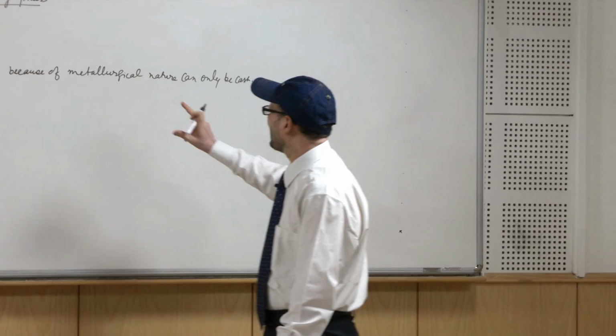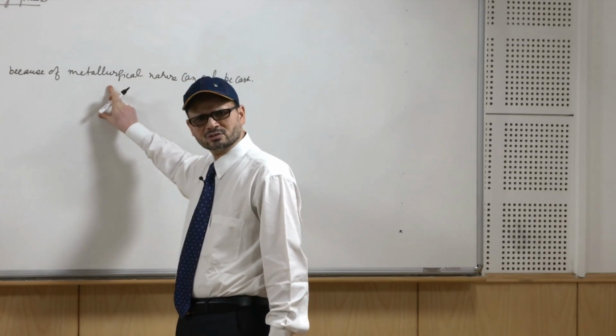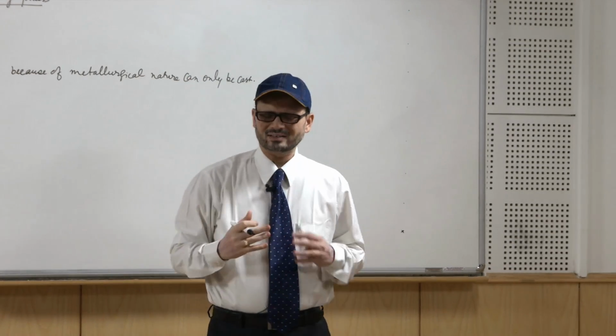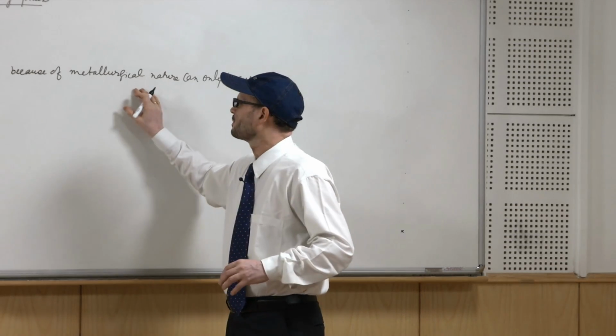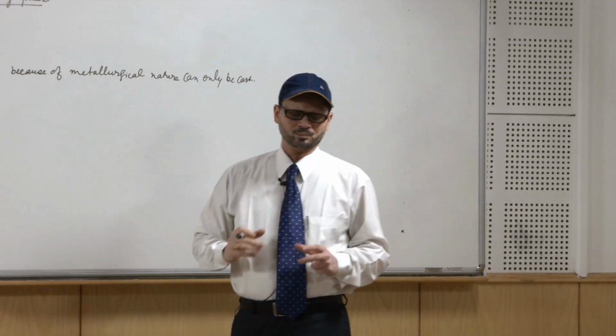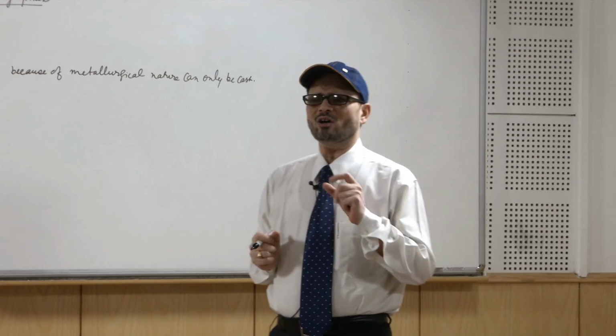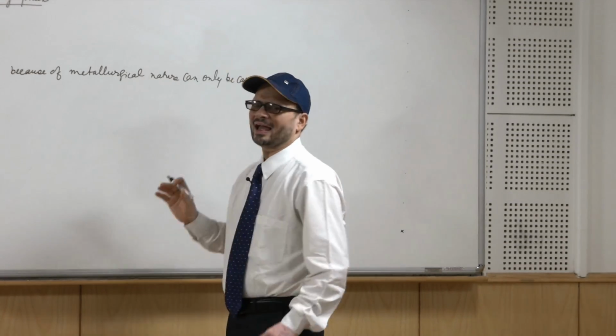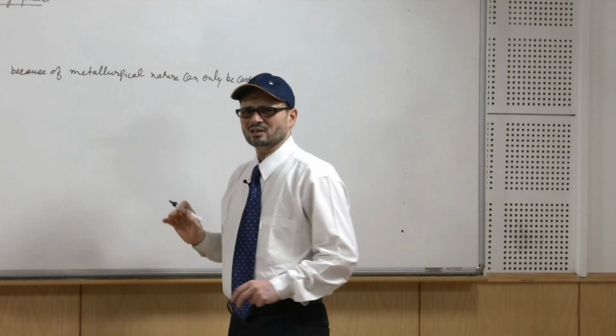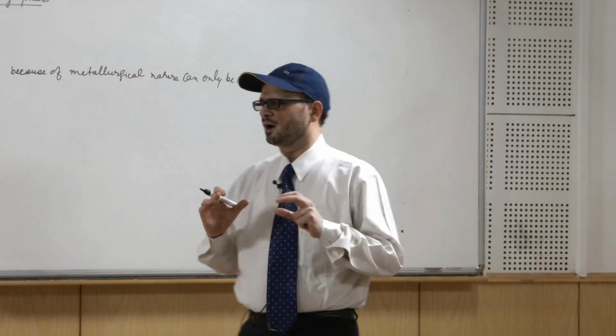We know that in cast iron, because of the presence of graphite in the form of flakes, it has a very low toughness and it cannot be formed or forged.